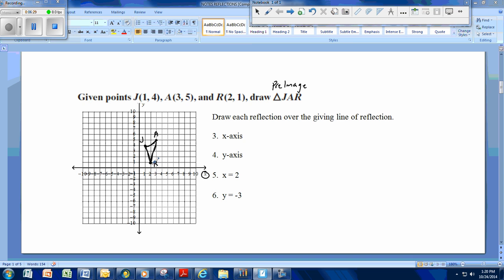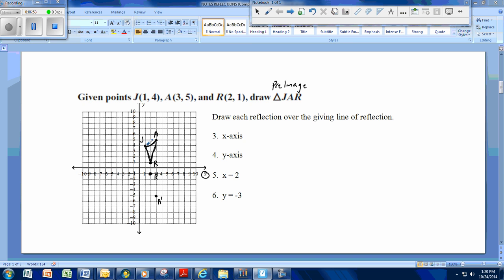So when I flip R, I get R prime. When I flip A, let's count how far that is away. 1, 2, 3, 4, 5 spaces away. So I'm going to go 5 the other direction. 1, 2, 3, 4, 5. That would be A prime.